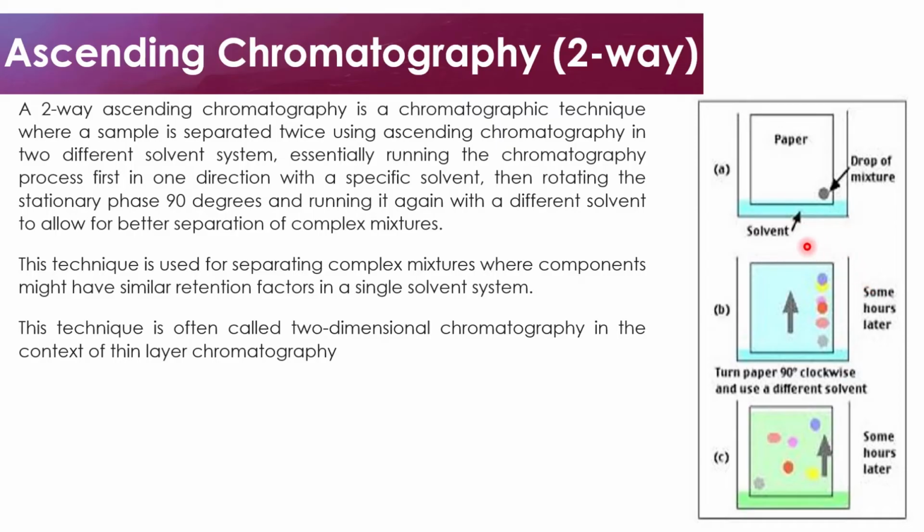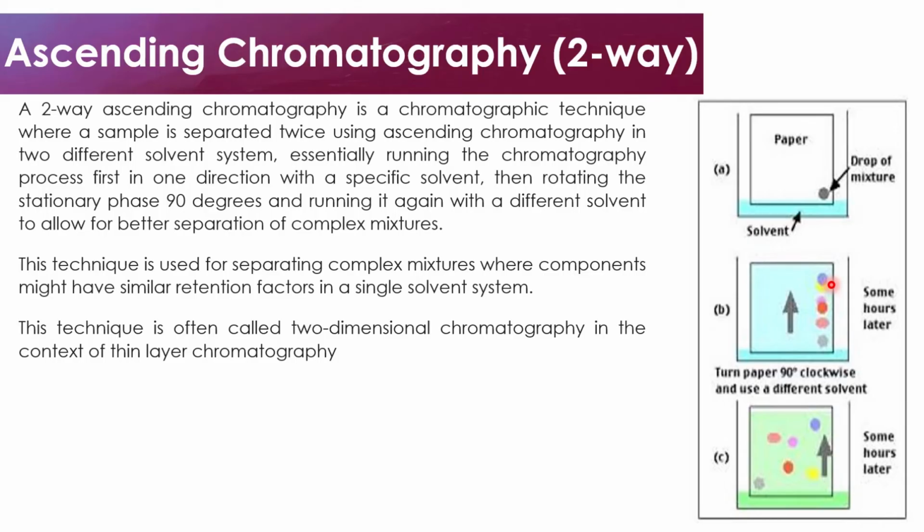This picture has three setups: setup A, setup B, and setup C. Setup A and setup B happen to be the first ascending chromatographic technique, where our spotted sample in setup A is separated into its various components, as shown in setup B, after allowing the mobile phase to run upwards through the stationary phase.